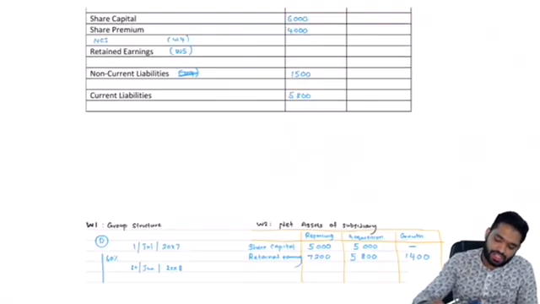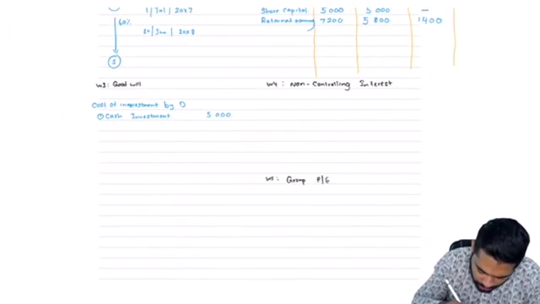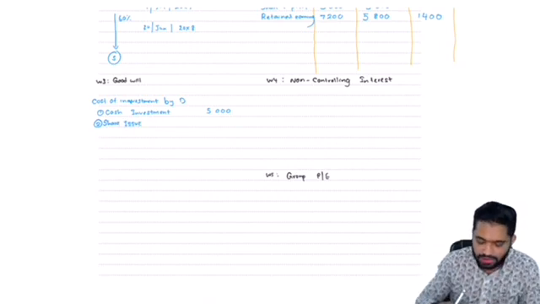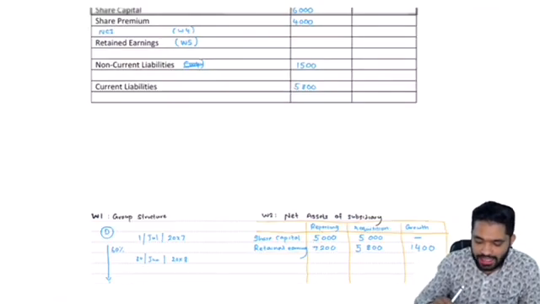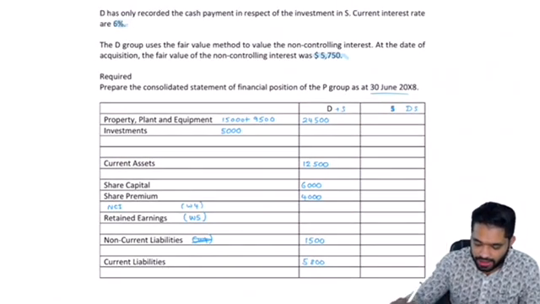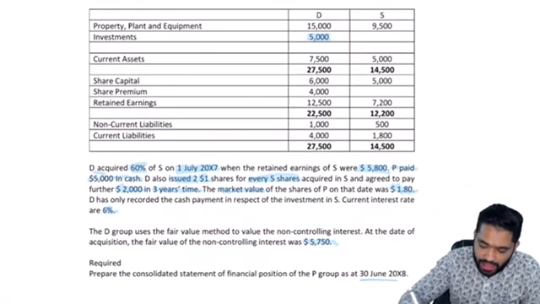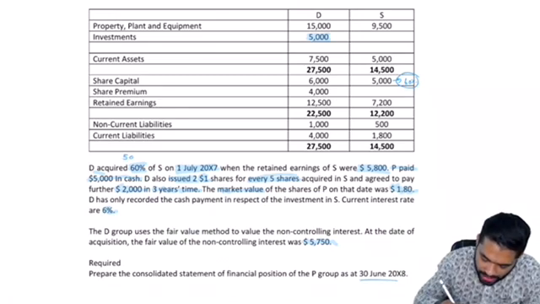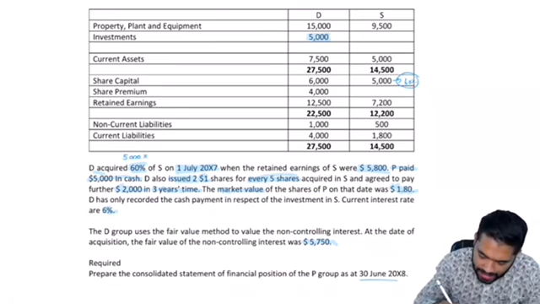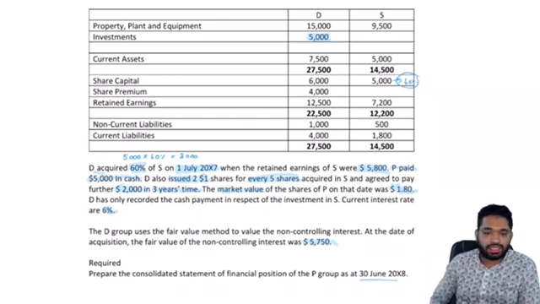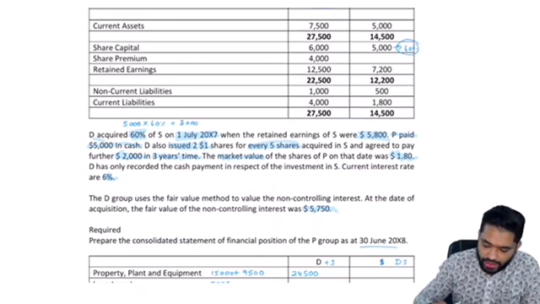So we have a share issue. The total number of shares in S is 5,000. We have only acquired 60% of this. So 5,000 into 60%, the number of shares that we have acquired would be 3,000.